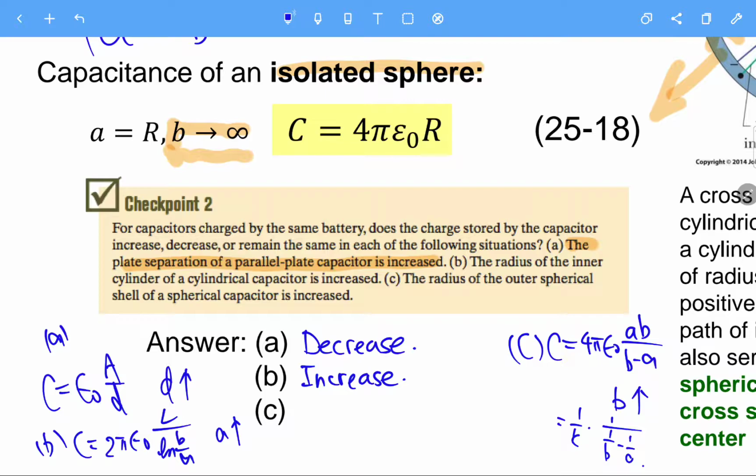Outer spherical shell increases. Oh, sorry, it should be 1 over A minus 1 over B. It should be like this.